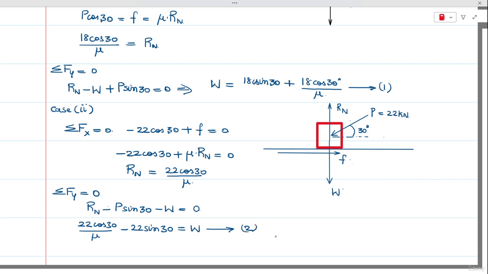Now we have two equations for W in terms of mu, equation 1 and equation 2.